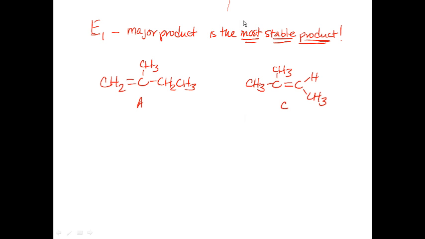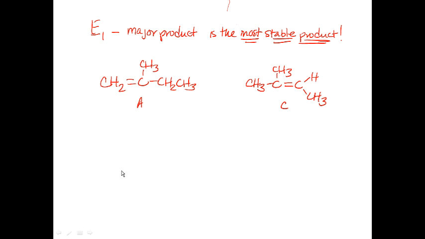Problem is we don't have rules for stabilities of alkenes. What do we have rules for? Well, stability of radicals, the stability of carbocations, stability of like Newman projections, chair cyclohexanes, but alkenes isn't on our list. So we have to talk about what makes an alkene the most stable.